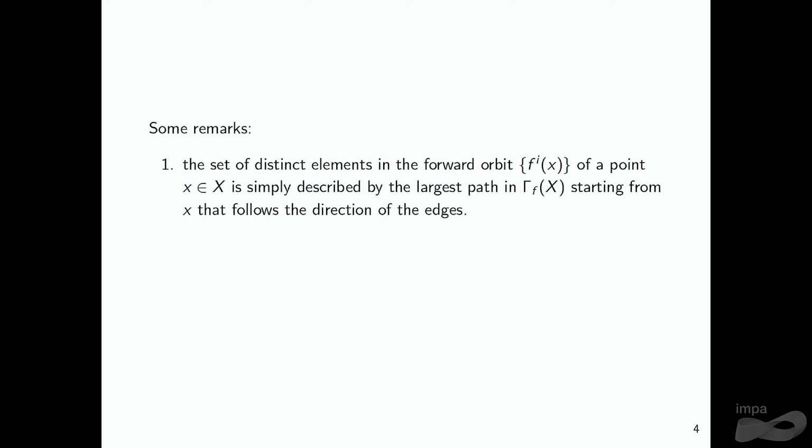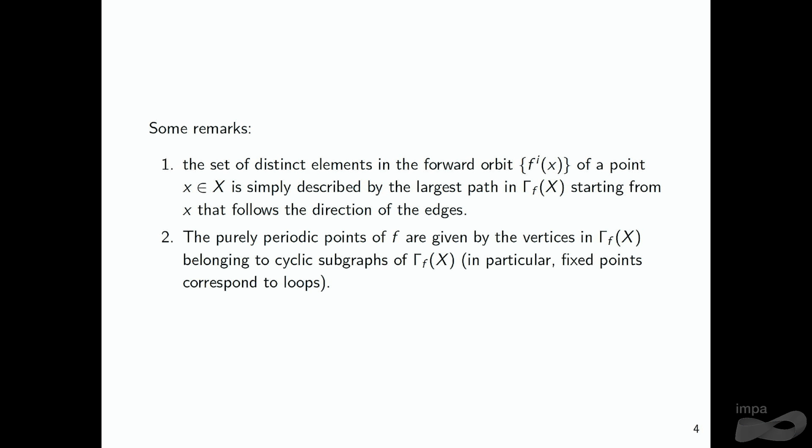Okay, some remarks about the graph. We can get information from the map just looking at the graph. For instance, if I take any element x in the domain, the forward orbit, right, so I'm taking iterations of this map at the point x, can be described by the largest path in the graph starting from the vertex x. And also the purely periodic points.